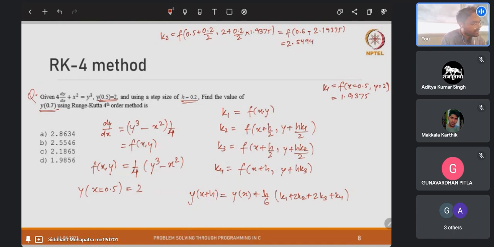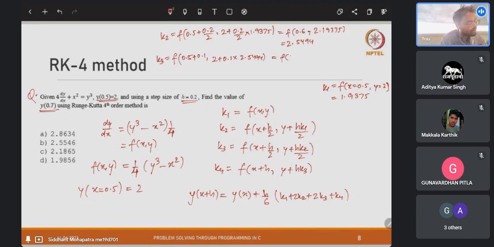Okay, that is k2. Now we similarly calculate k3, which is again 0.5 plus 0.1, that is h by 2, comma 2 plus again 0.1, that is h by 2, into k2. So k2 is 2.5494.